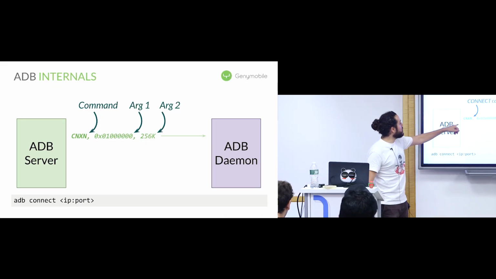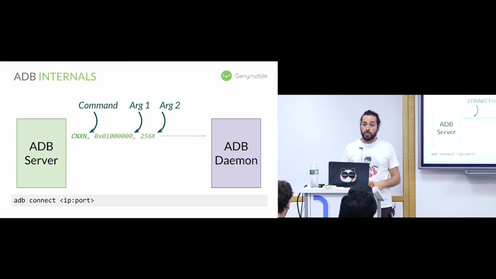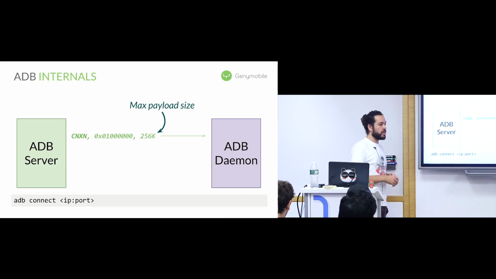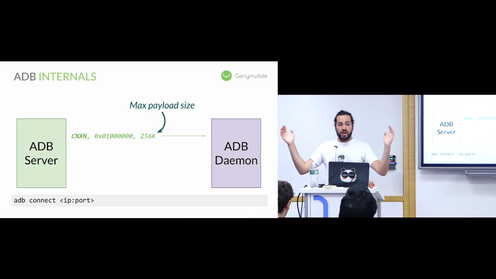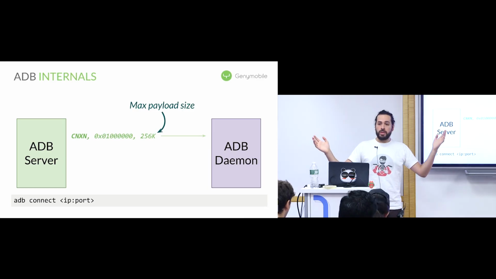So the command is CNXN for connection. It's a connect message. I want to connect to you. On arg0, you have the protocol version, and on arg1, you have the maximum payload size. You will see this information is interesting. The maximum payload size is the maximum size of data that a message can carry.